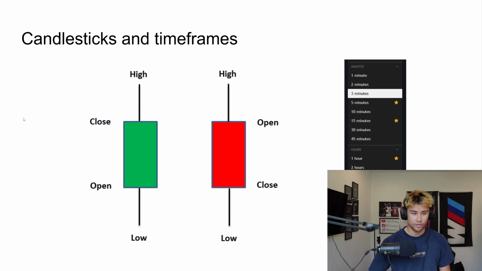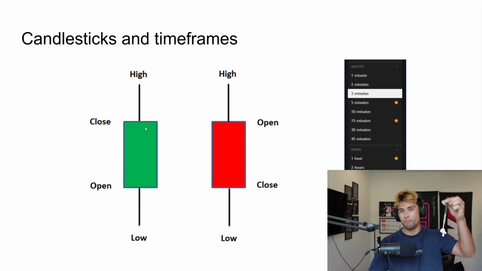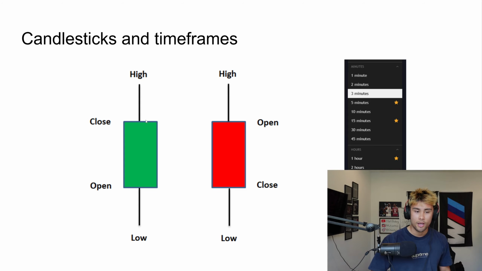This is what they look like individually. So you have two different kinds of candles right here. You have a green one, or a bullish one, and you have a red one, or a bearish one. A lot of times you will hear someone say green or bullish; those terms are interchangeable. Bullish means up, bearish means down.